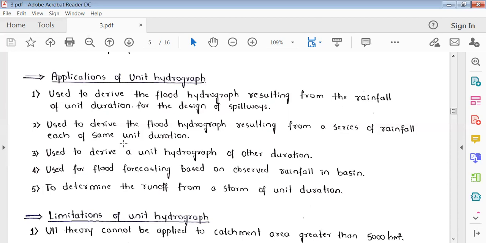So an 8 hour hydrograph can be converted into a 1 hour hydrograph, or vice versa. Then it is also used to determine the flood forecast. So flood forecast also can be calculated by using this, and it can be used to determine the runoff from a storm of 1 unit duration. Again, unit duration is a given period of time, that is 1 hour.